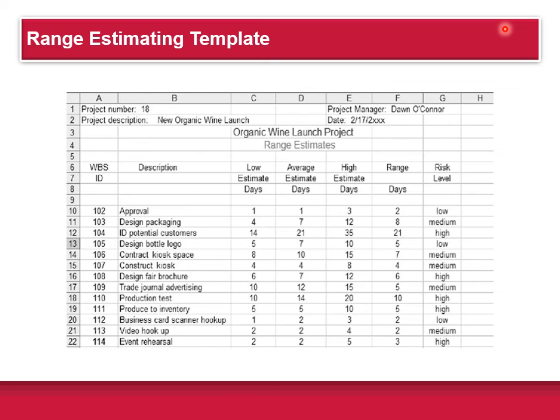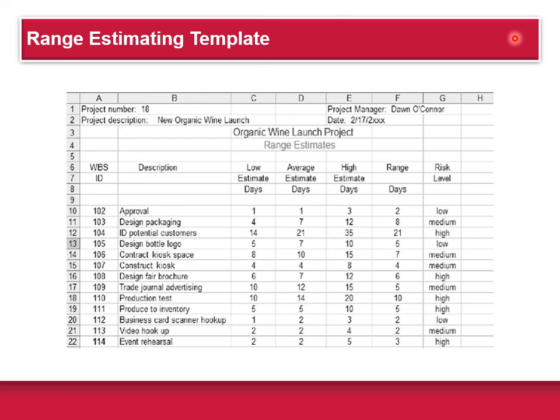This risk column is an independent assessment of the degree of confidence that the actual time will be very close to the estimate. In this example, the work packages that say high, like 104, 108, 110, 111, and 114, have a high chance that the average time may vary from this expected value.